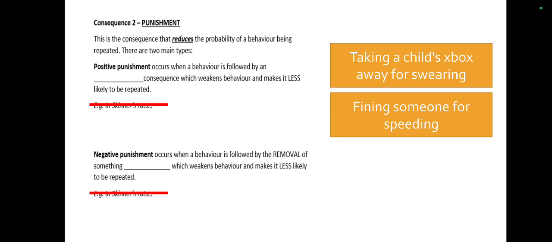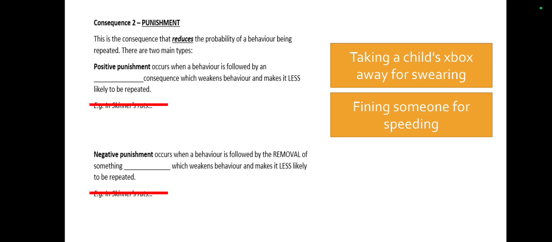Positive punishment, which is going to stop you from doing it again, means that a behaviour is followed by what kind of a consequence? We got this? It's an unpleasant consequence. Whereas negative punishment is the removal of something pleasant, which you enjoy, which makes you less likely to want to do that behaviour that caused it being removed in the first place again.